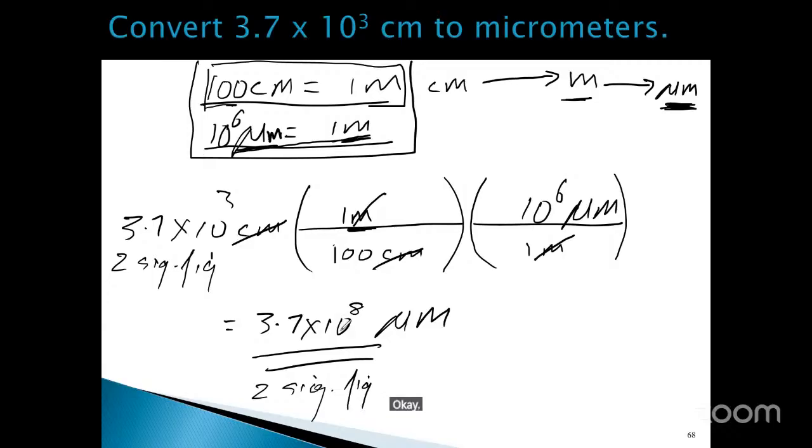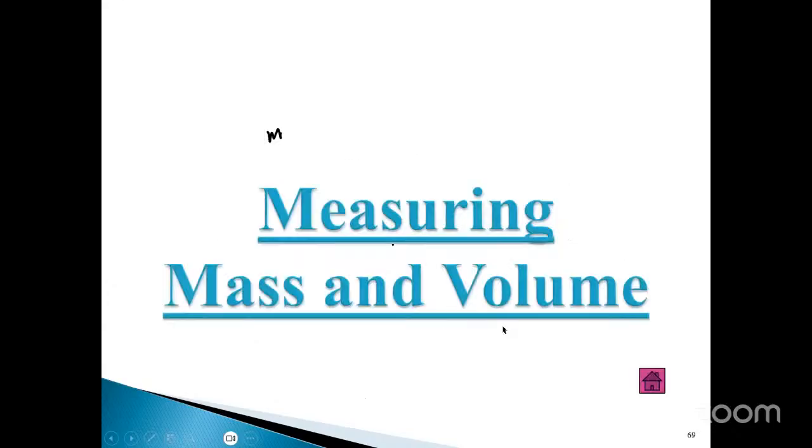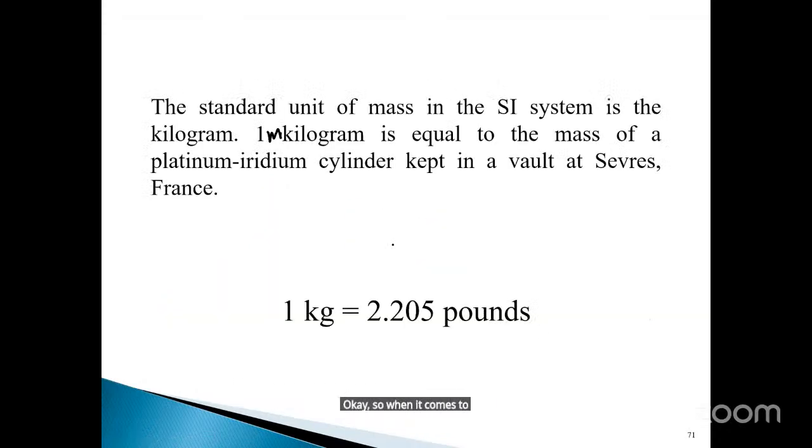Okay, so let me see what's next. Okay, let's talk about some other types of measurements, mass and volume. When it comes to mass, by definition, the mass is basically a measure of how much material is in an object.